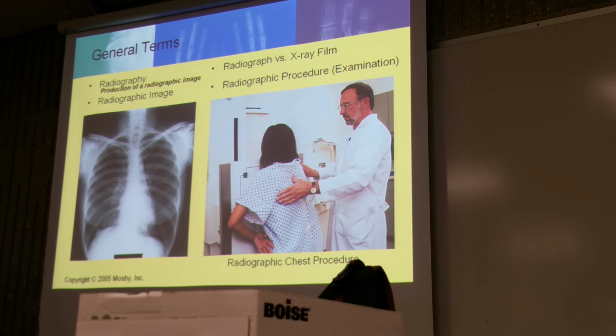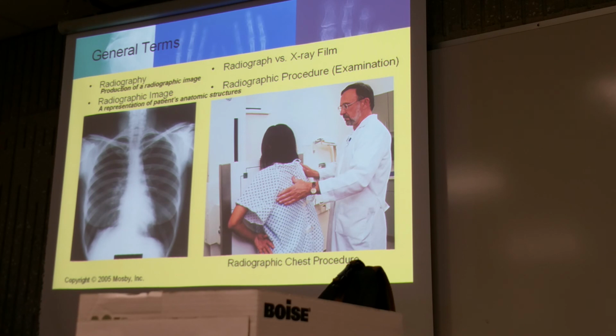So anyways, going back to what I was saying, radiograph is a production of a radiographic image. Now we're going to try to focus on digital imaging and not mention the film or chemical processing part of it as much. Okay, the radiographic image is a representation of the patient's anatomic structure. Now, the proper way that applies in the present is radiographic image.